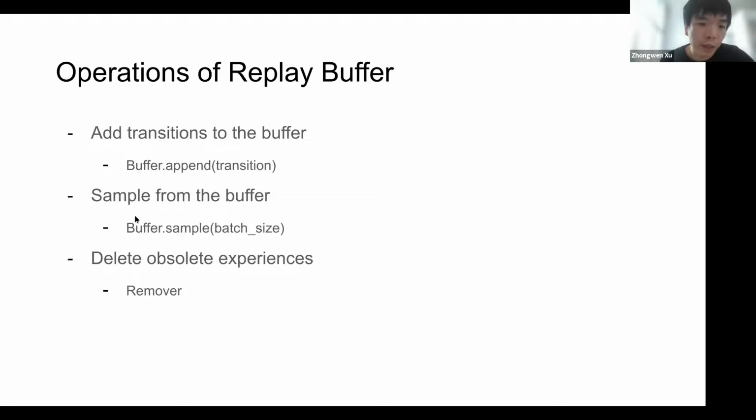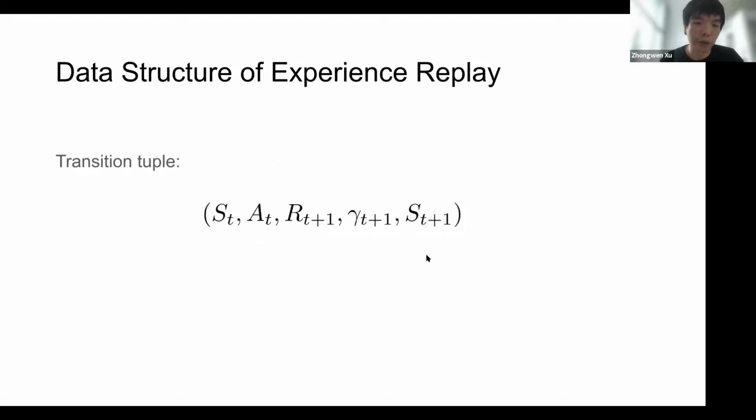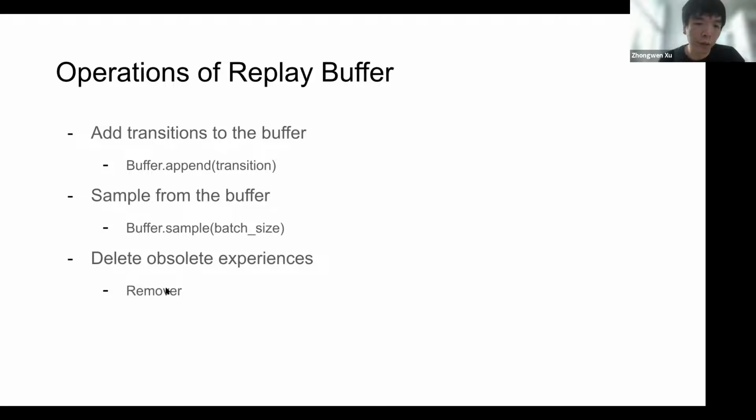The second important operation is that to perform the learning, the learning agent can sample a batch from the buffer. It can simply call buffer.sample, and then it can obtain a batch of these tuples to perform the learning. Also, the buffer is not unlimited. Because the interaction between the agent and the environment can be huge, it cannot store everything.